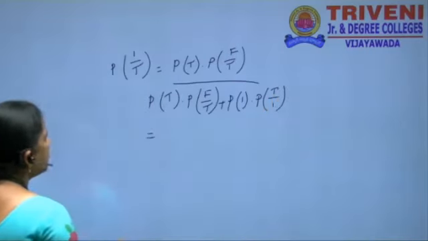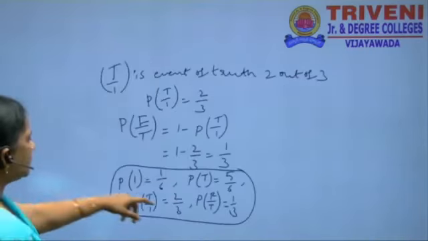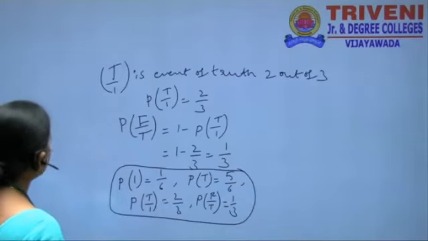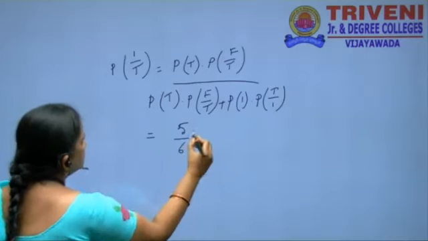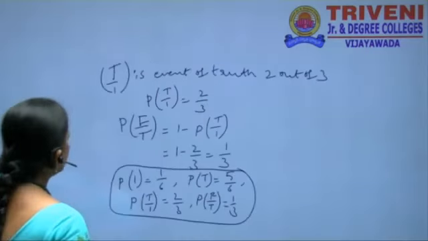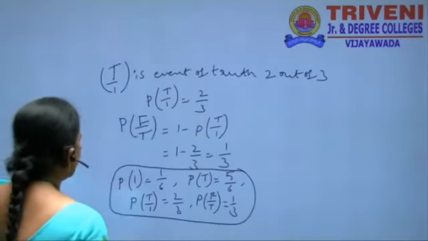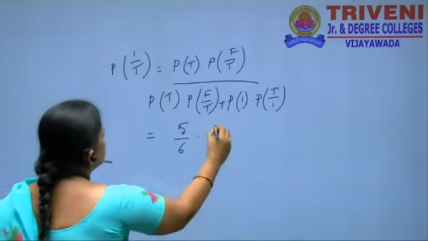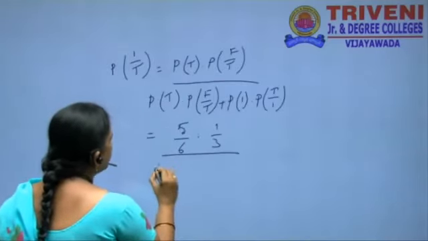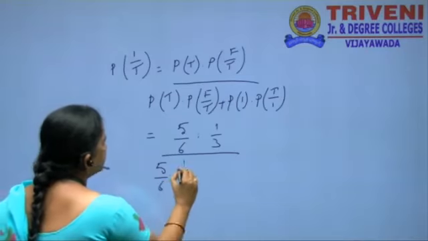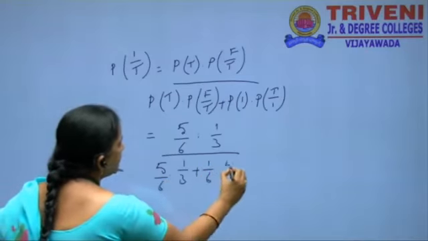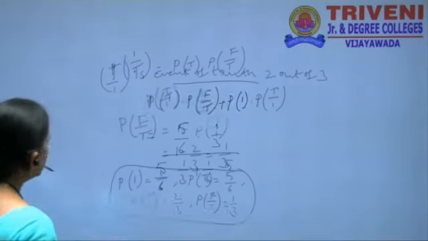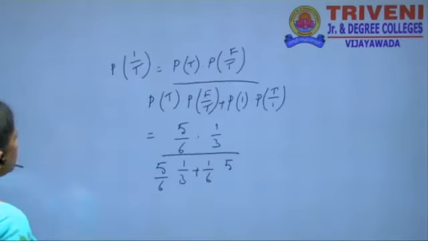What is the value of P of T here? P of T is 5 by 6 into P of F by T is 1 by 3. P of 1 is 1 by 6, and P of T by 1 is 2 by 3.